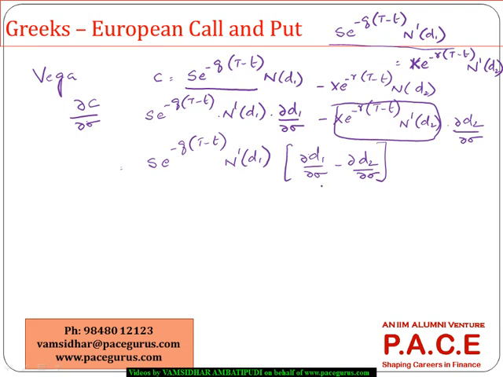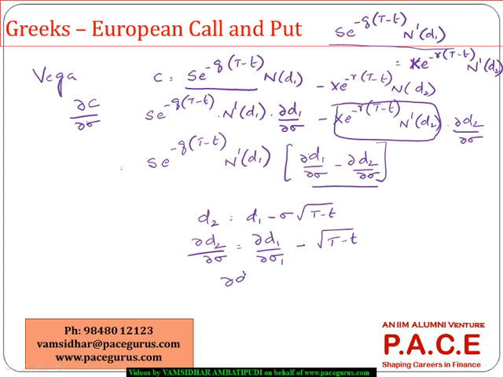So basically we know that d2 is equal to d1 minus sigma root (T minus t). Taking the partial derivative, dou d2 by dou sigma is equal to dou d1 by dou sigma minus root (T minus t). So dou d1 by dou sigma minus dou d2 by dou sigma is nothing but square root of (T minus t).